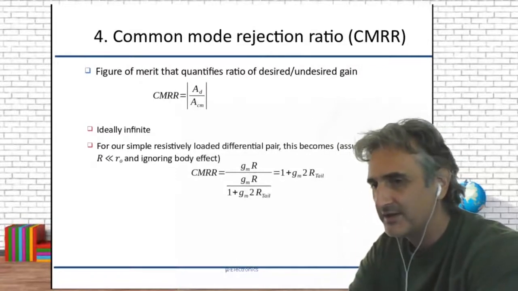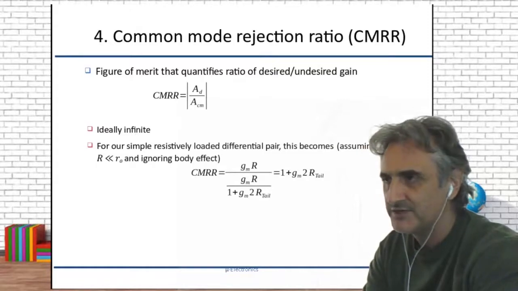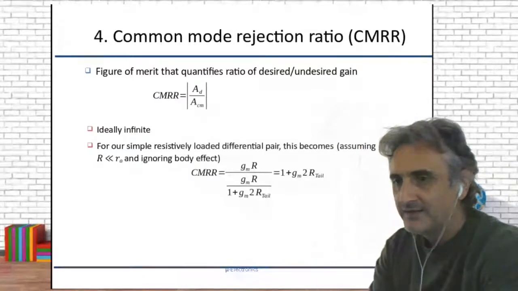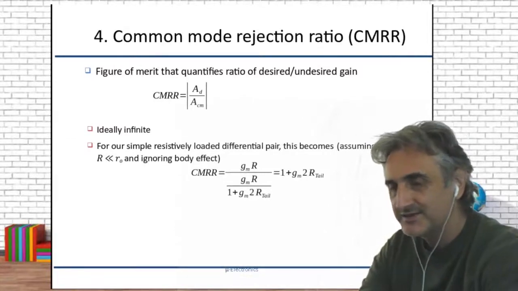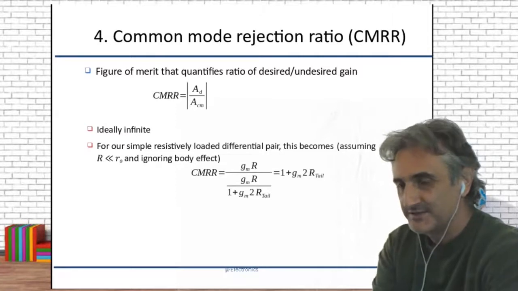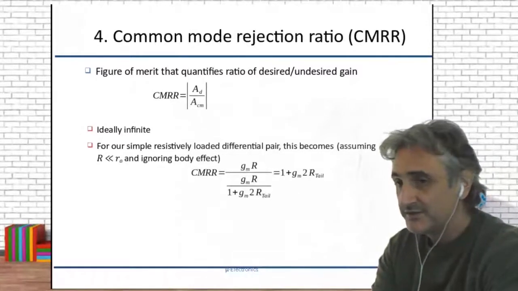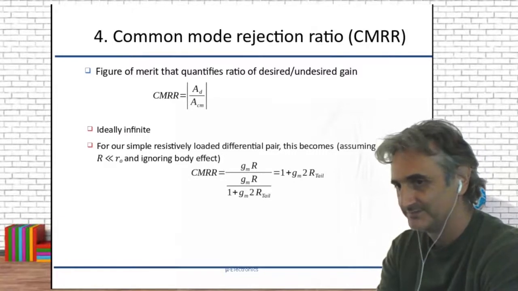Then you can calculate the CMRR, the common mode rejection ratio, and you do just the division, and you get this very simple expression that is related to the gain of one transistor. Okay, and notice that this is not a very big value.